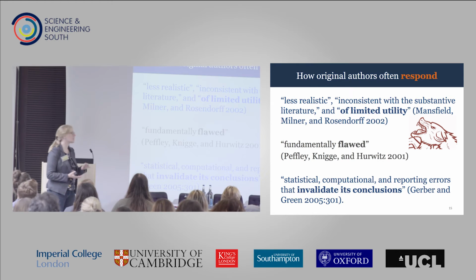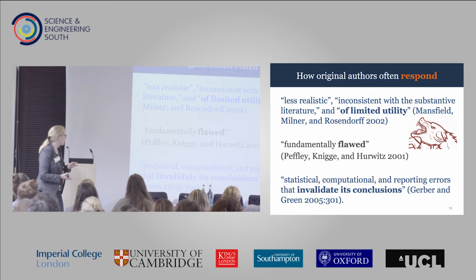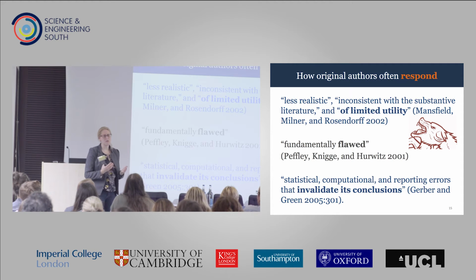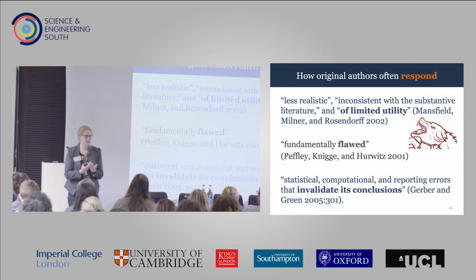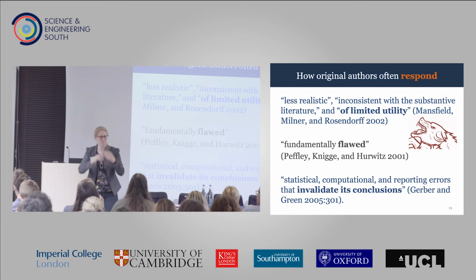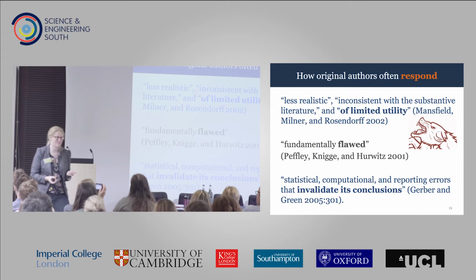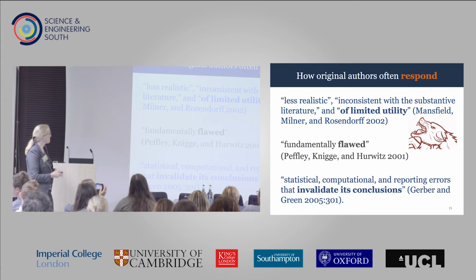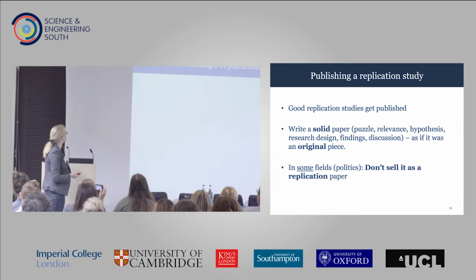Or there are statistical, computational, reporting errors that invalidate the conclusions. So depending on how you frame the replication and how you phrase the errors the other people made, they might hit back. Because we are all trying to be professional, but it's a personal thing. If my paper got ripped apart by someone else, that really hurts. So ideally, be friendly and professional.